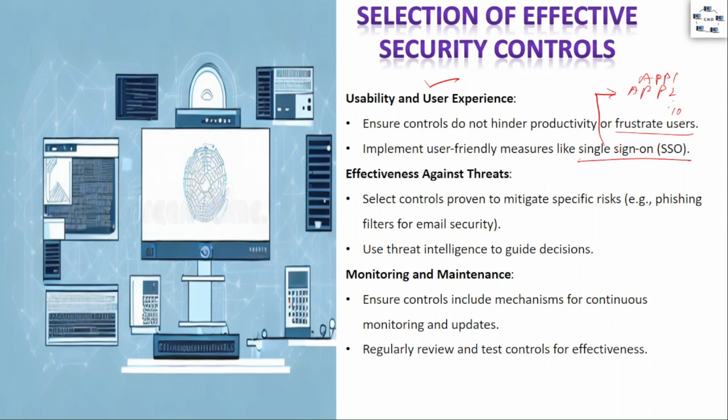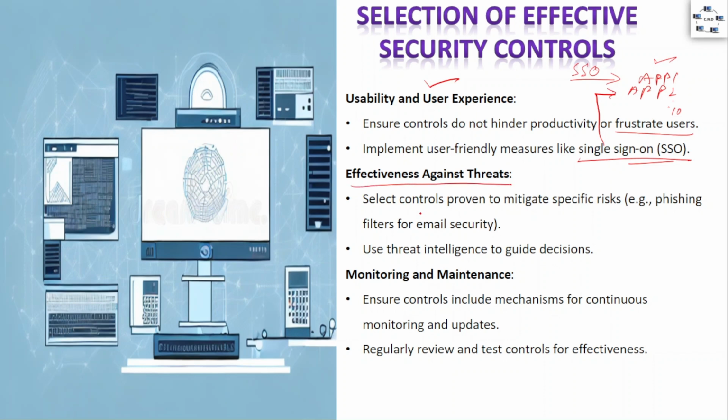If the user needs to log into each application, it means they need to remember 10 passwords and usernames. Instead, you can implement an SSO where the user logs in only once through SSO and then has access to all the applications.